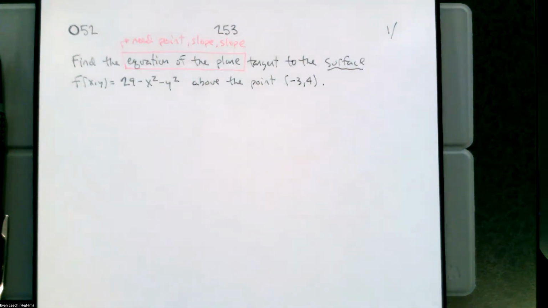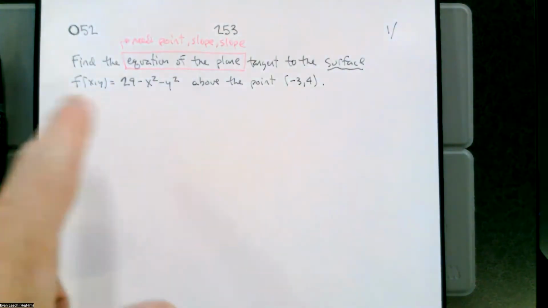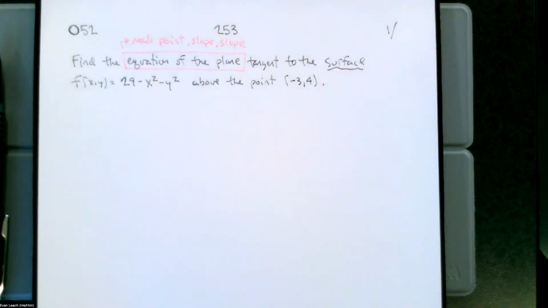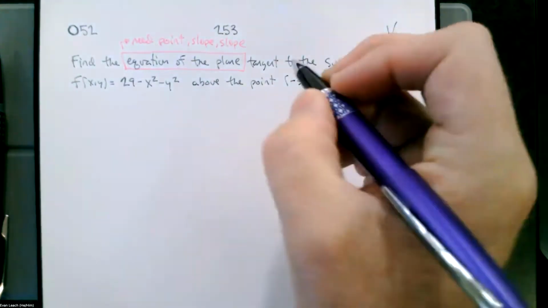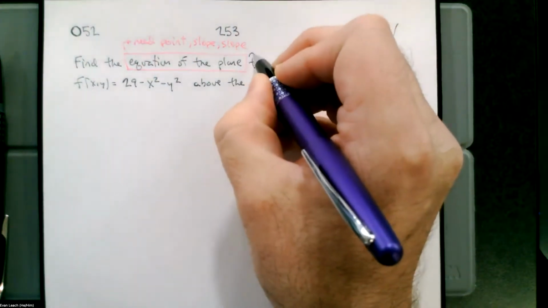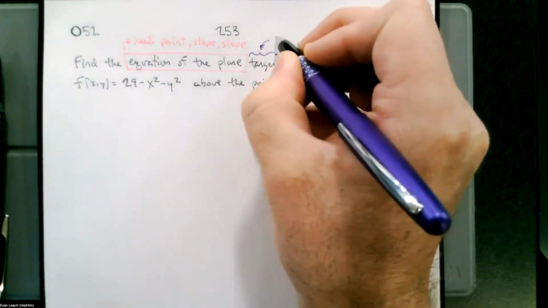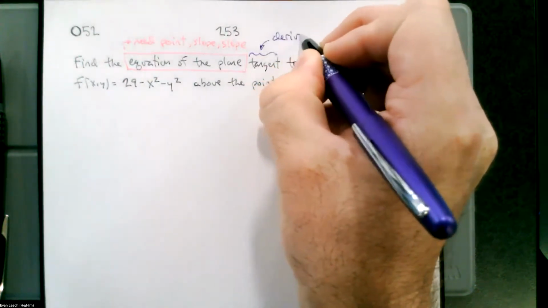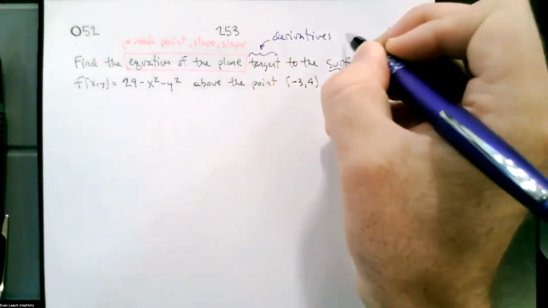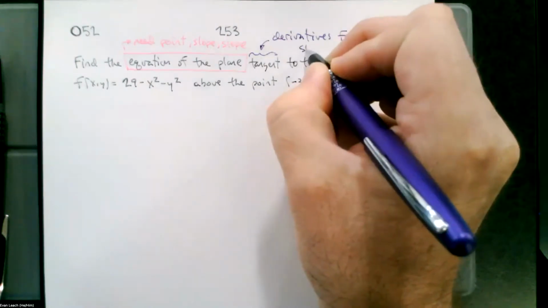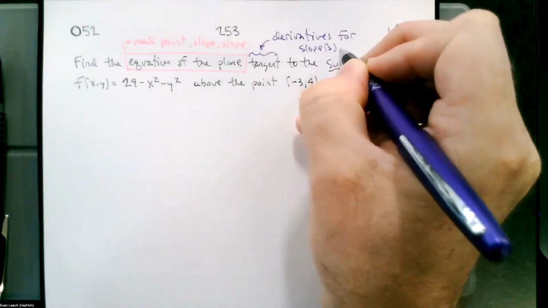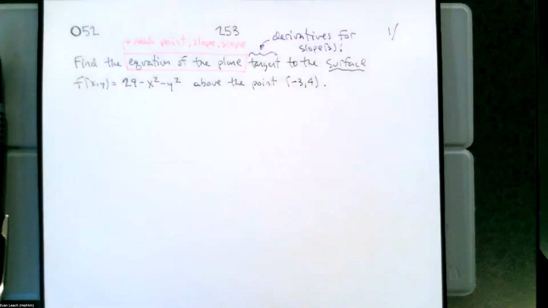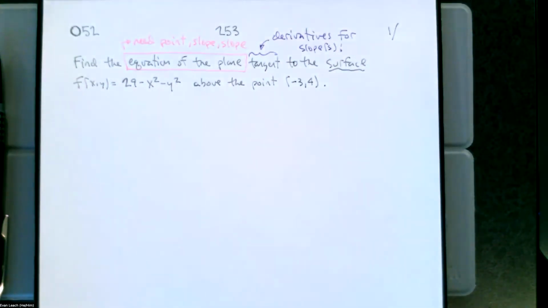But we need two of those. The part where it says tangent to the surface, and we have with our function of two variables, the tangent part says that the slope comes from derivative. So this tangent business says we'll use derivatives to find the slopes. That's what tangent does for us.